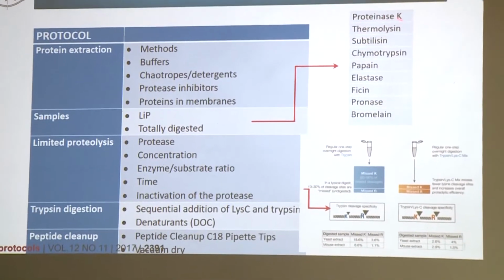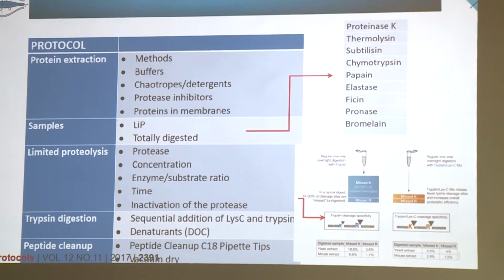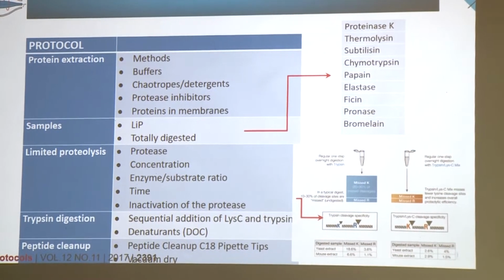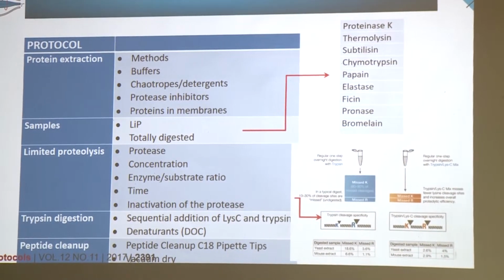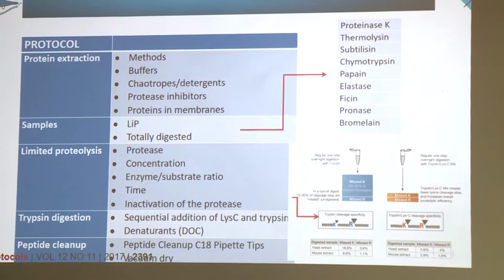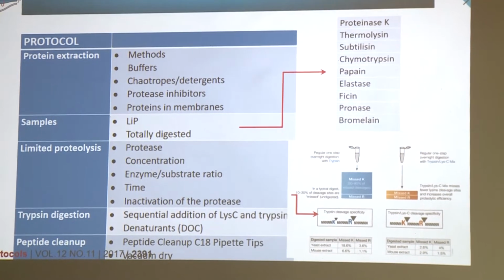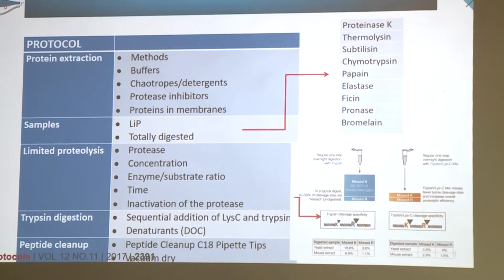Normally, proteinase K is used, that is a protease that is highly active and acts on the aliphatic and aromatic residues. But maybe for your studies, for your samples, it's better to try another protease. It's something that you have to search in your research protocol.